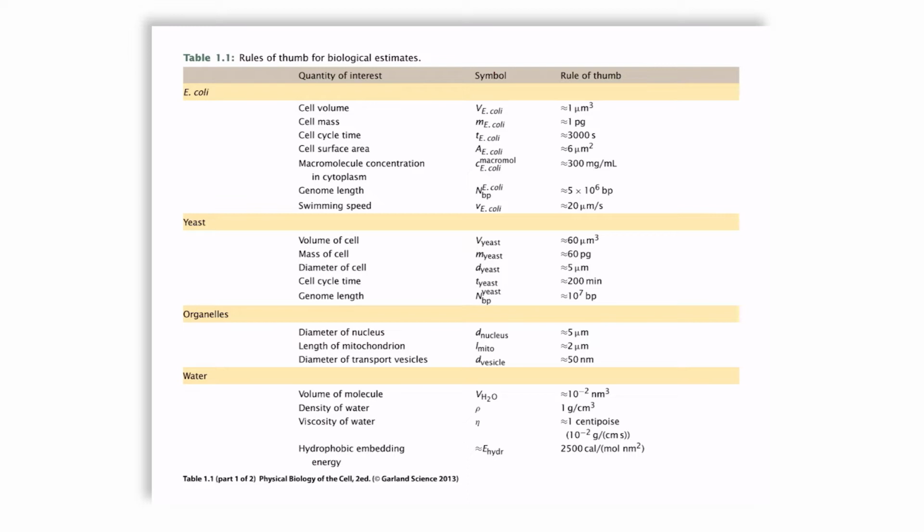And it is for exactly this reason that we spent some time thinking about E. coli as a model cell. Because what it tells us is that at least for one cell type, we can get some numbers that allow us to get a relative sense of magnitude.